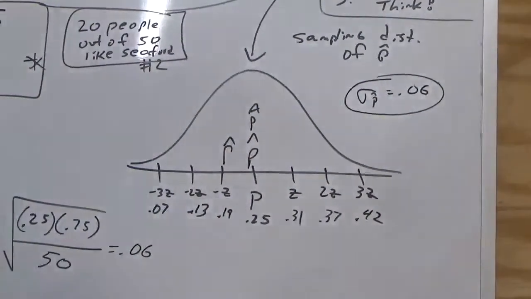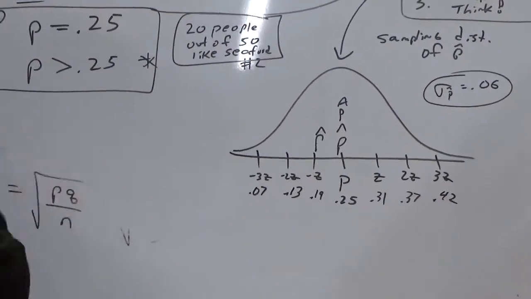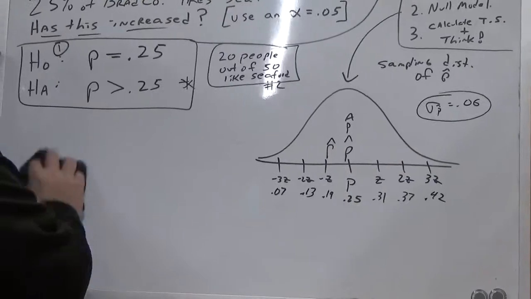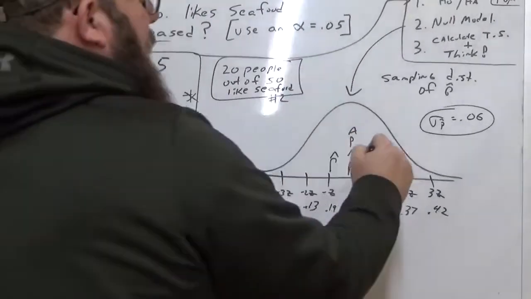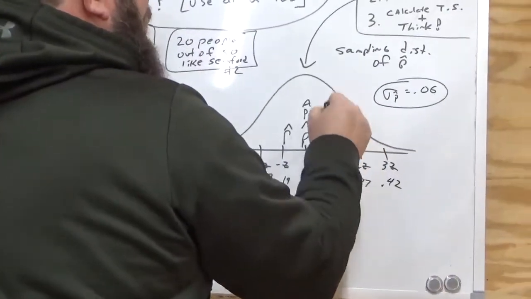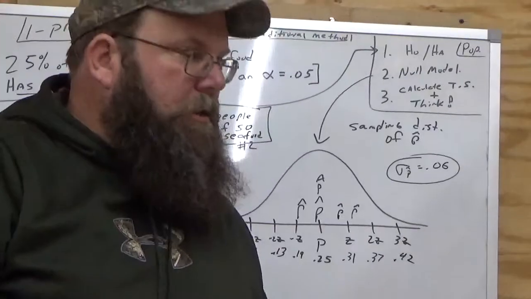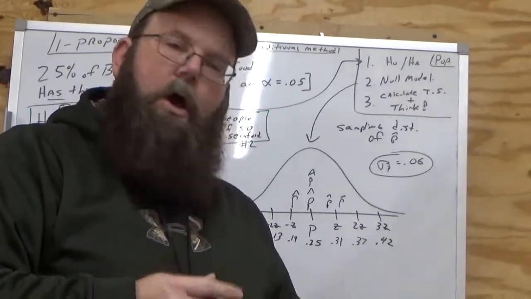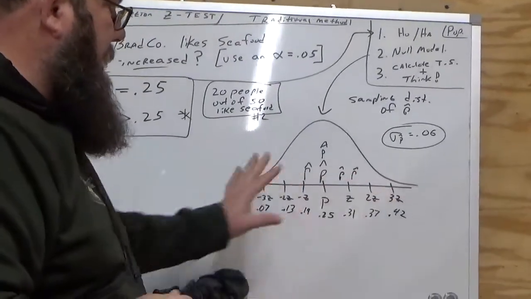I'm just writing that there because I want to erase this so that we have more room to write. So that's the null model. It's a whole bunch of p-hats, and every p-hat is a collection of 50 people that we have asked, do you like seafood? It's all these 50s.